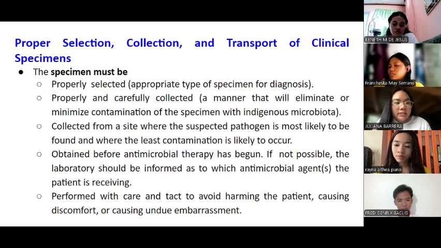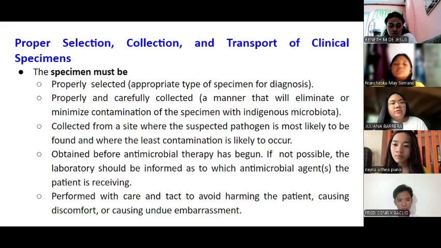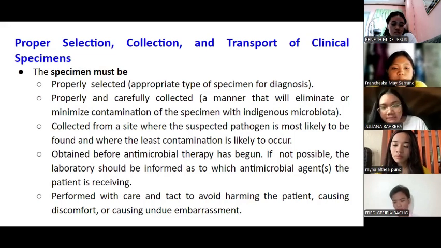Next is the material should be collected from a site where the least contamination is likely to occur. Specimens should be obtained before antimicrobial therapy has begun. And then the acute stage of the disease is the appropriate time to collect most of the specimens.